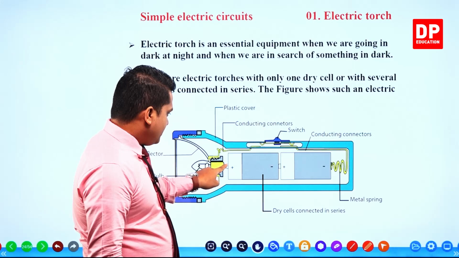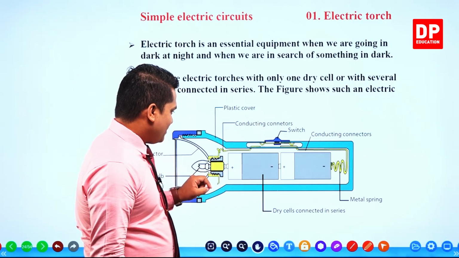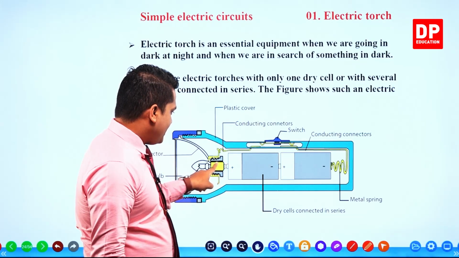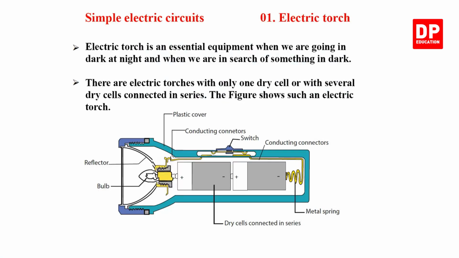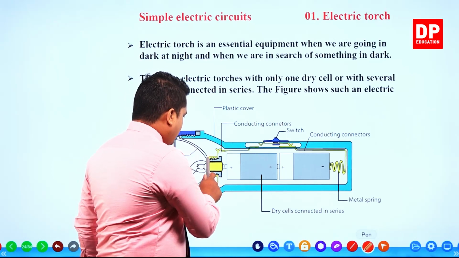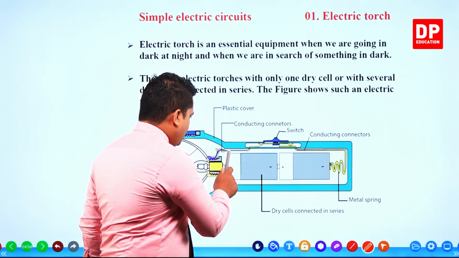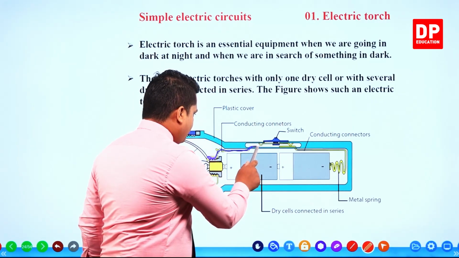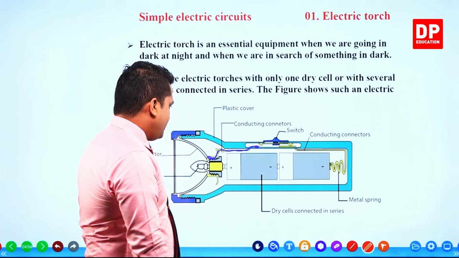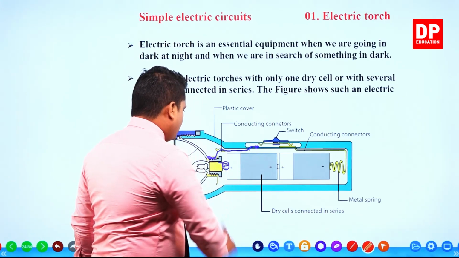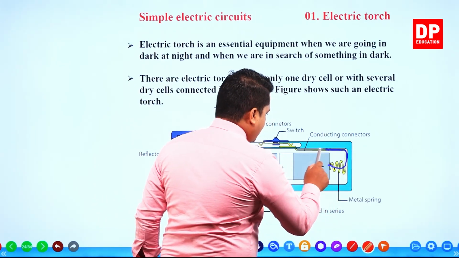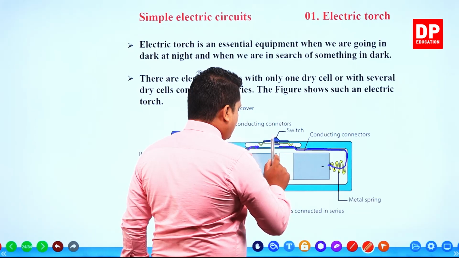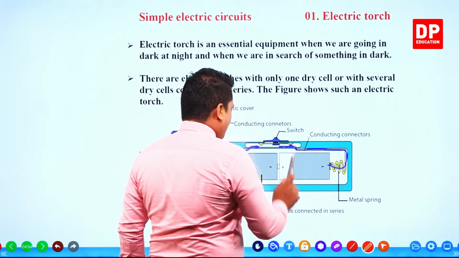Here the tip is connected with the positive terminal. Then the metallic cover comes like this and is connected to the one terminal. Positive is connected to positive. The negative terminal comes through the spring and the connectors, and it is connected with this terminal of the switch.